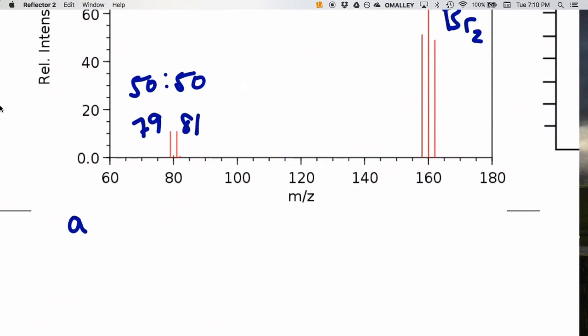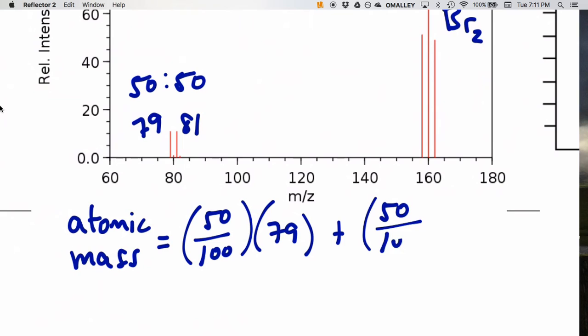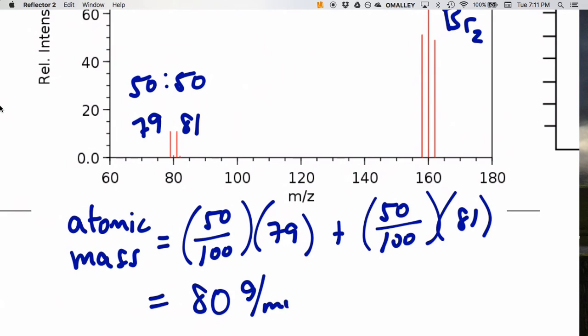And then if I wanted to get an atomic mass, well, it's 50% of bromine 79 plus 50% of bromine 81, and that gives me 80 grams per mole. Keep in mind, no bromine atom weighs 80.